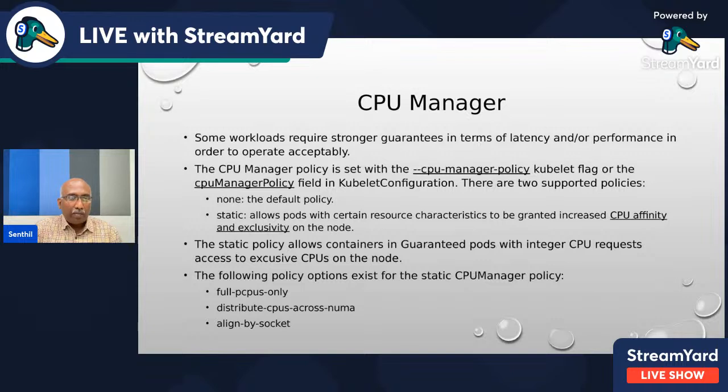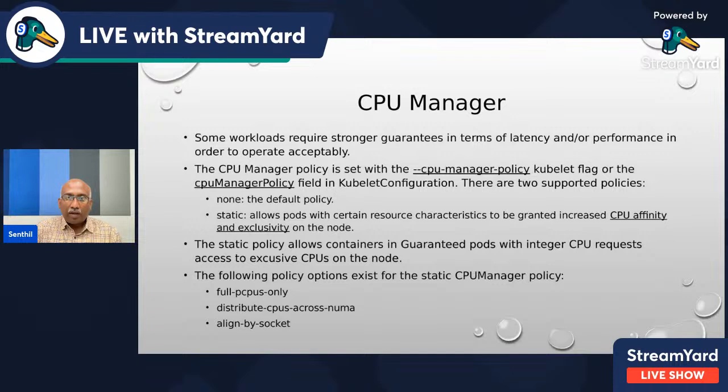So a container might be running on a certain CPU core, and the OS might determine that it needs to be shifted to a different core, and this is all very transparent for the container.